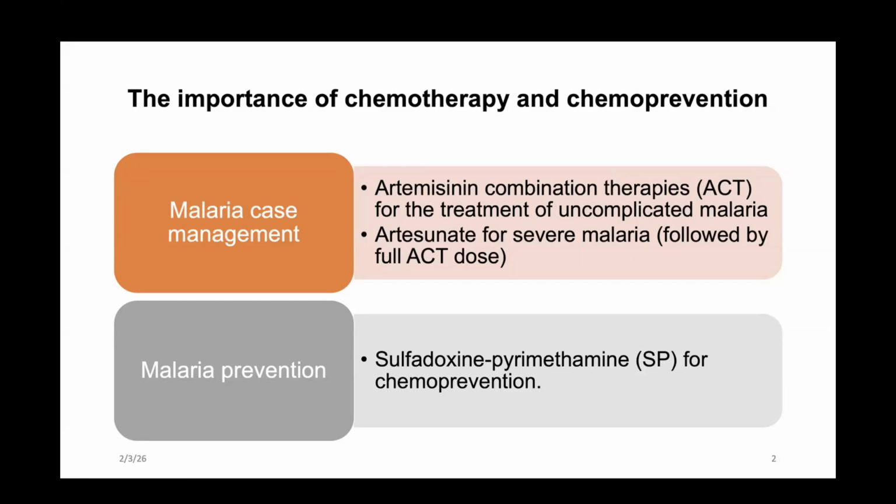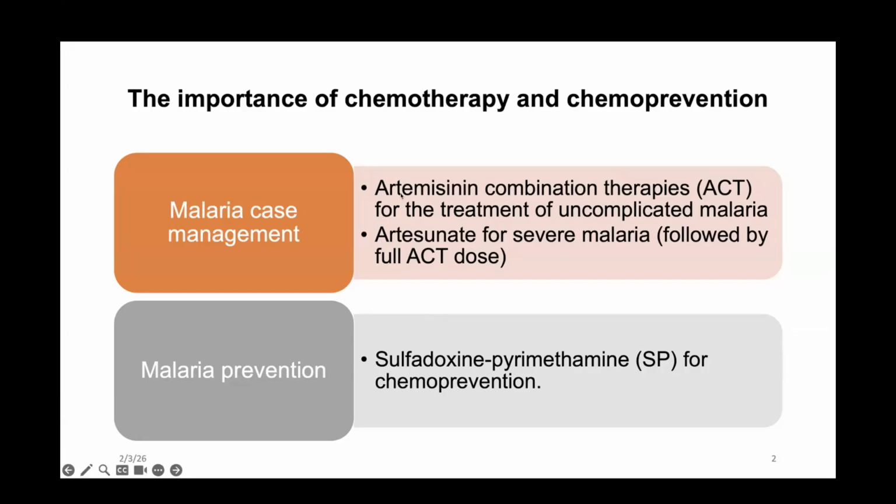For people who already have severe malaria, the treatment options are a bit different. Currently we use artesunate as an IV, and this is often followed by another full dose treatment of an artemisinin combination therapy.